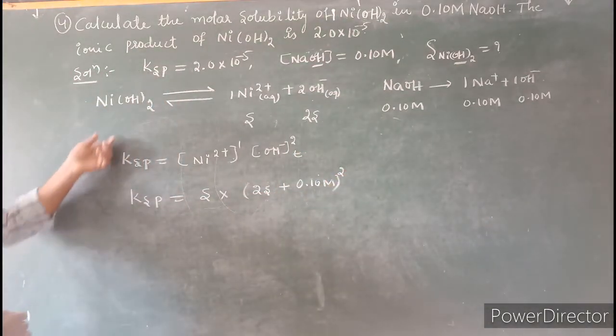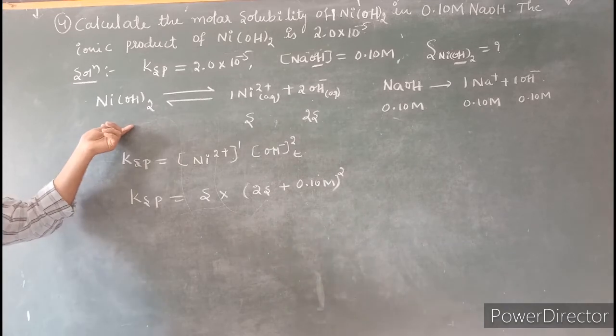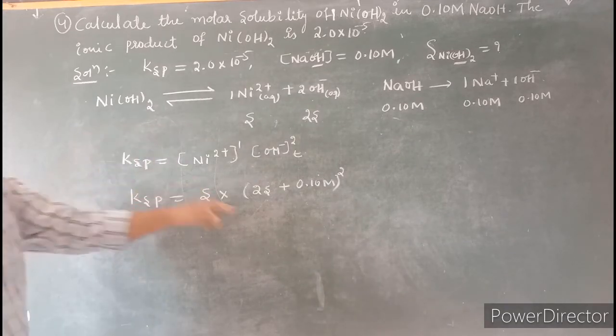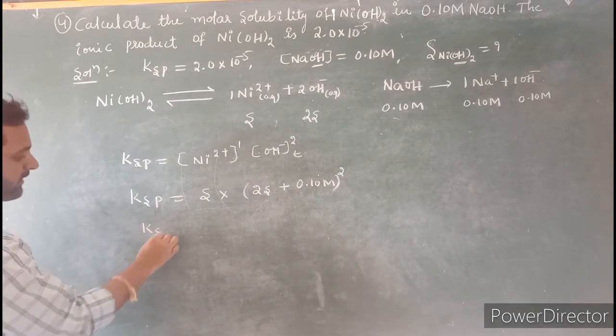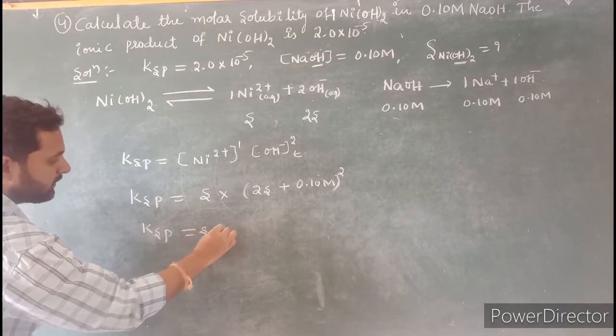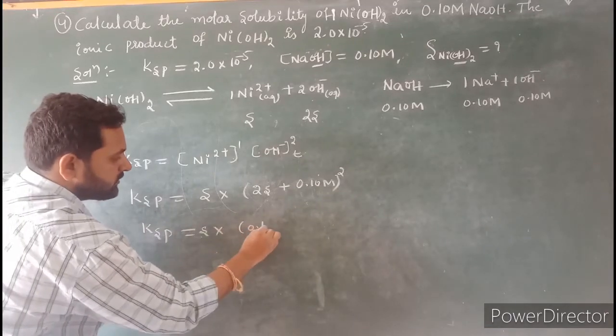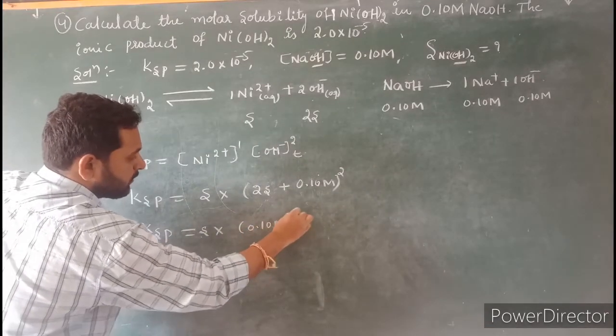Next, here it is a weak electrolyte. Due to the weak electrolyte, we can neglect the 2s value. When you neglect the 2s value, this equation becomes s into (0.10 molarity) whole square.